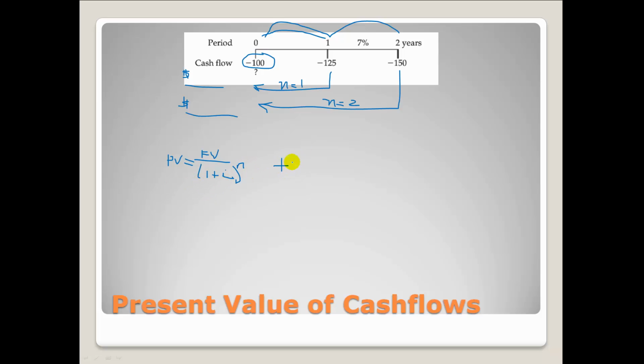But then if we add it again, because we need 1 for the $100, we need 1 for the $125, and then we need a third one for the $150. So the formula is going to start looking like this.